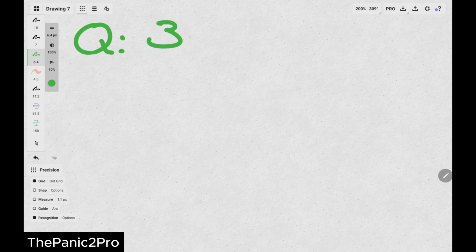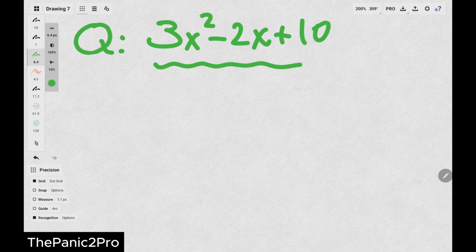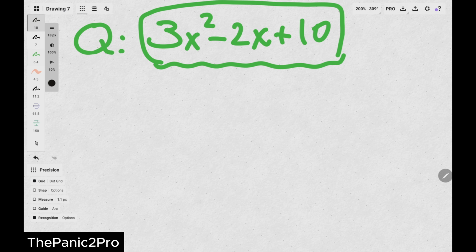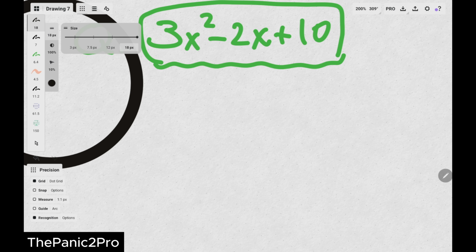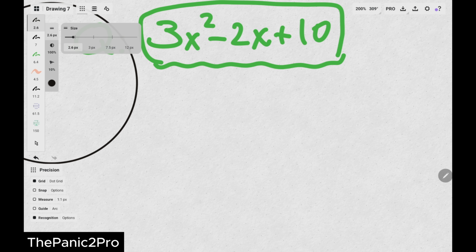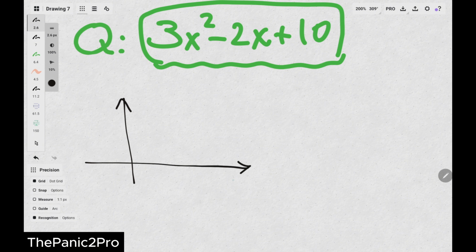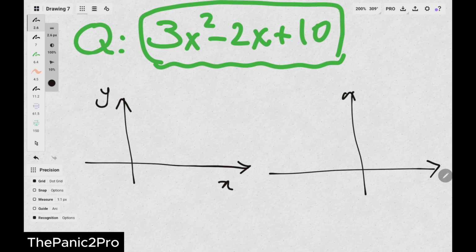If I have a quadratic format as 3x² minus 2x plus 10, this is one example. And if I give you 2 plots, just as an example, plot number 1 and plot number 2.